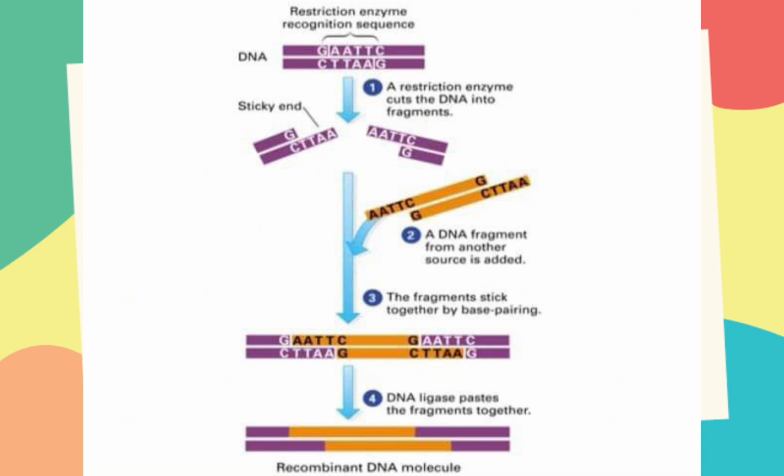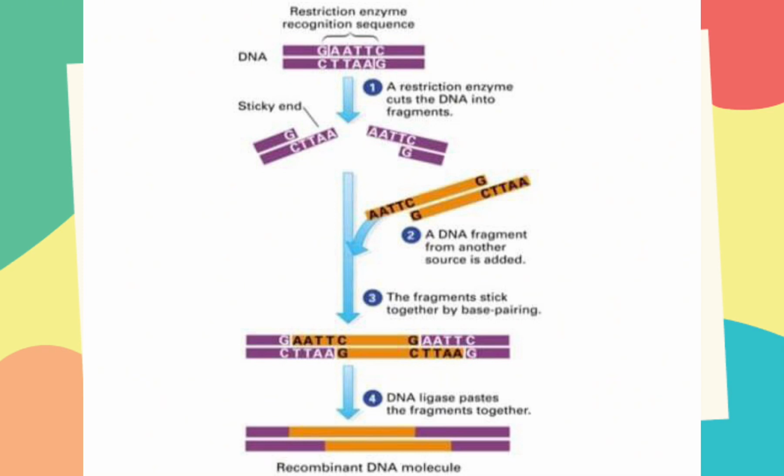When a restriction enzyme encounters its specific recognition site on a DNA molecule, it binds to that site and cleaves the phosphodiester bonds in the DNA backbone. This results in the DNA being cut into two fragments at or near the recognition site.